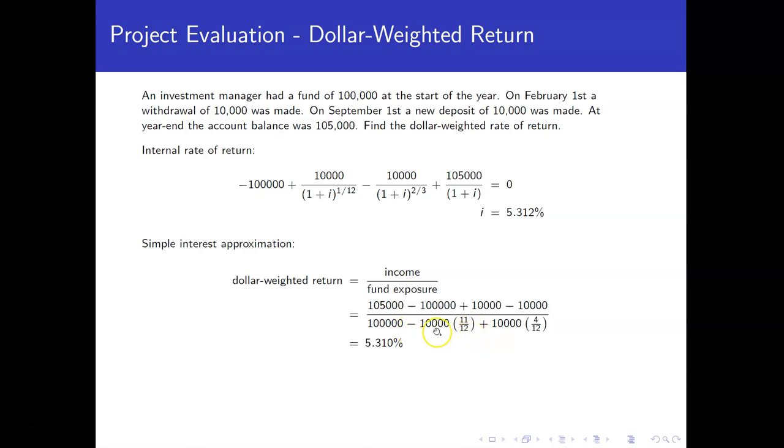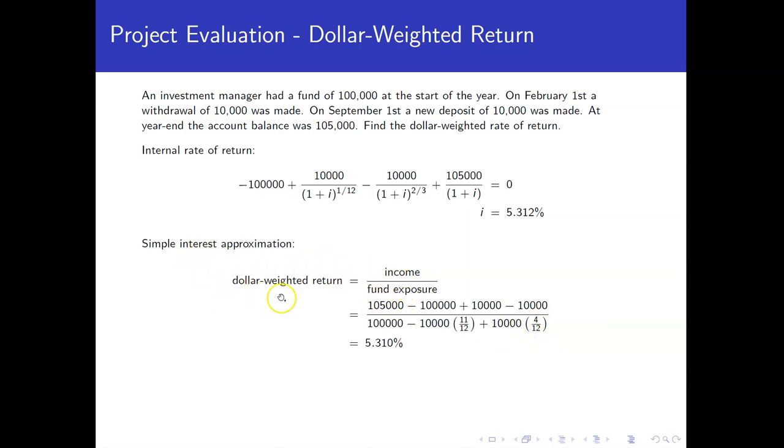So I would subtract 10,000 times 11/12, because that would be the interest that this piece would earn if I multiply it by the interest rate. This would be the interest that this would earn if it were still sitting in the account, but it's not anymore. So that's why we have that minus 10,000 times 11/12. The last part is we put an extra $10,000 in there, and it sat in there for 4 months out of the year. So that's why we're multiplying it by 4/12.